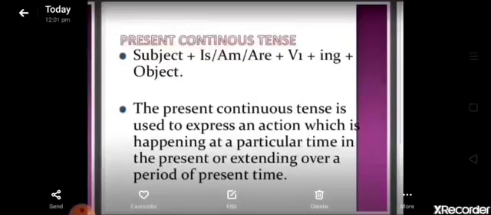The present continuous tense is used to express an action which is happening at a particular time in the present or extending over a period of present time. Suppose we are doing something now, we can say I am doing this, or I am teaching you. This is the present continuous.